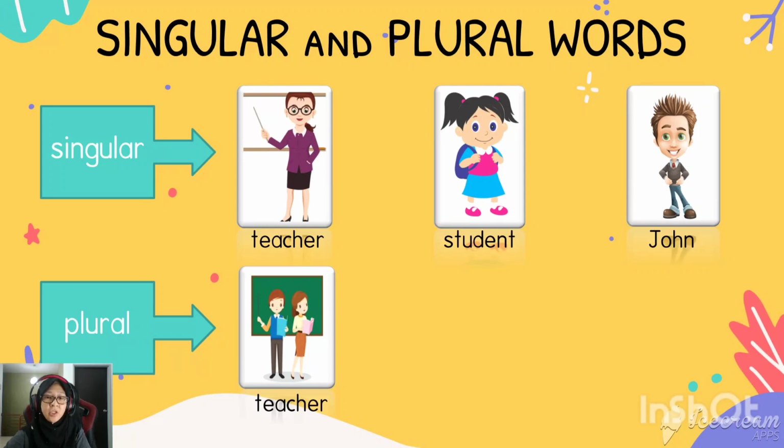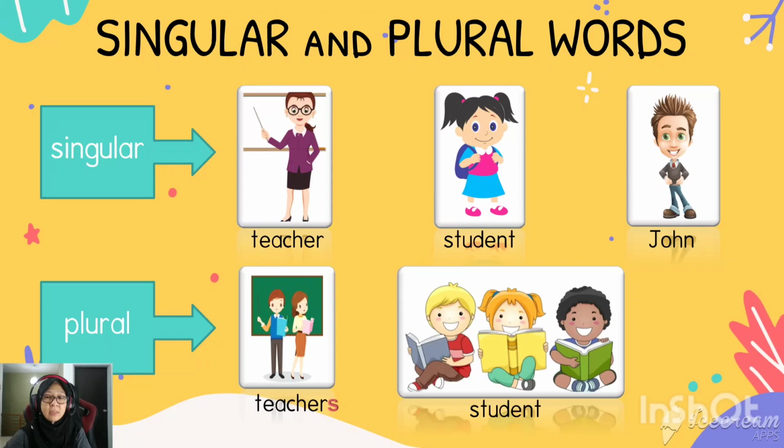There are two teachers. So, to indicate plural, we put s. Teachers. Student, there are 3 students here. So, to indicate plural, we put s. Students. Alright, what about John? We can never use plural for a proper noun. Okay?